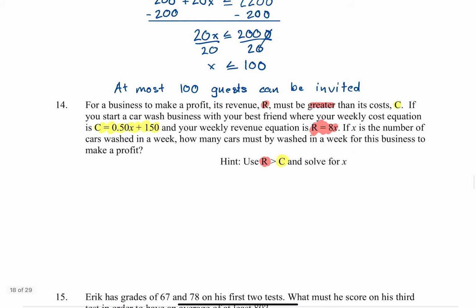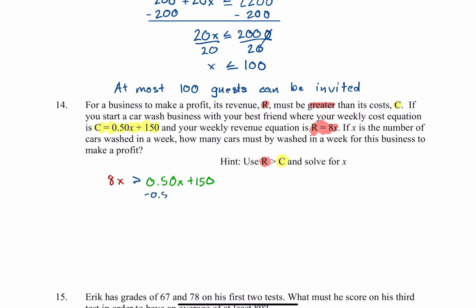Okay, so like we said before, we have R, which in this case is 8X. That must be greater than the cost, which is 0.50X plus 150. Again, there's a decimal here, but that's nothing that's going to cause an issue.